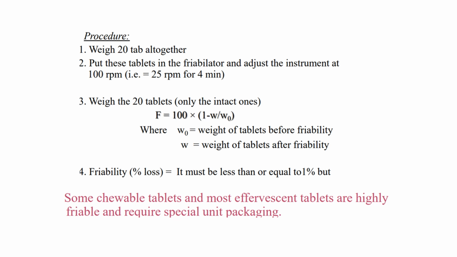W0 is the weight of the tablets before friability, and W is the weight after friability. The limit is that it should be less than or equal to 1%. So the maximum friability should be up to 1%. More than that is not acceptable.